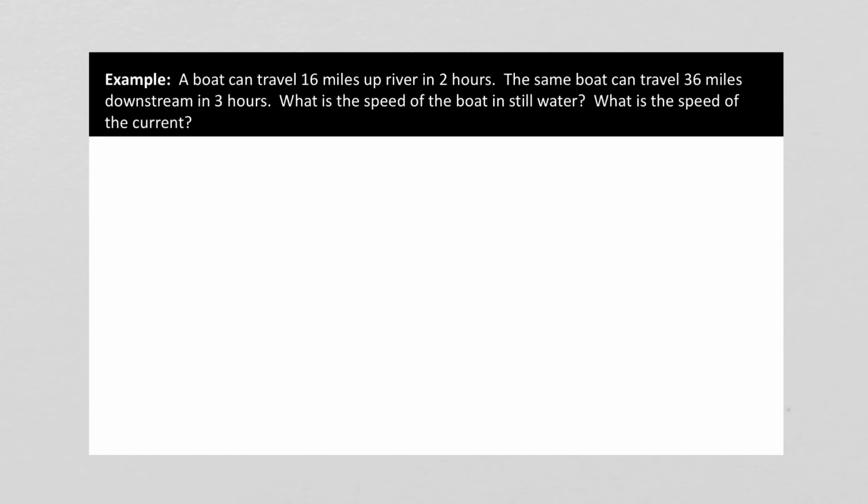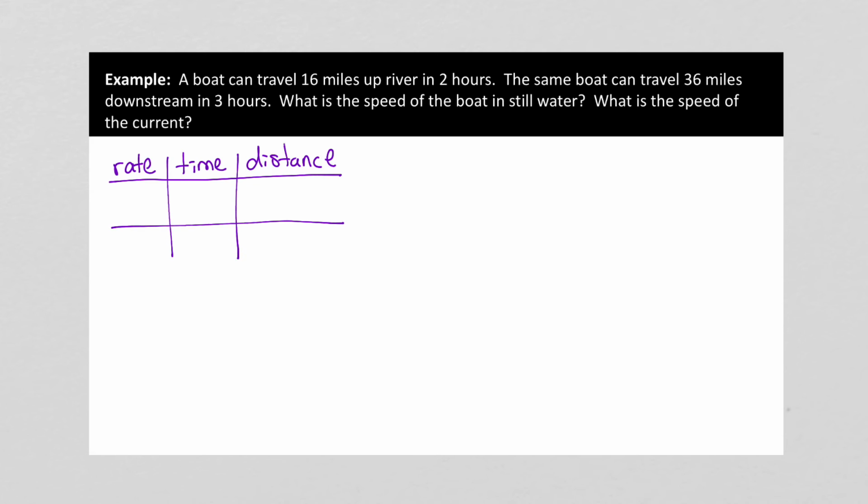So the way you want to work these is first by setting up a table with rate, time, and distance. Because we know that little formula that says that distance is equal to rate times time, right?